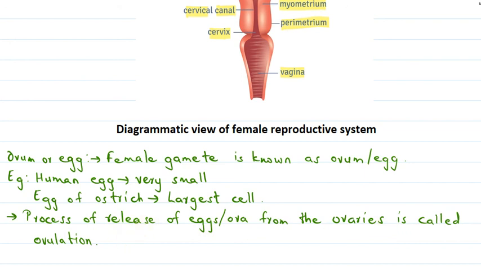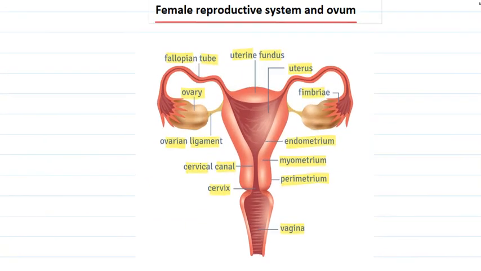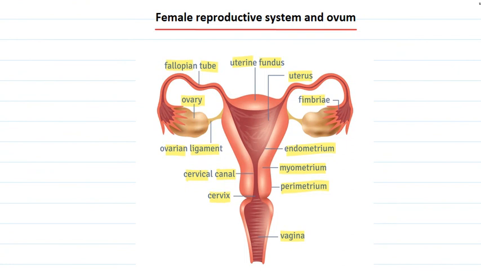Now let's quickly revise the things that we have studied today. Today we discussed the female reproductive system and ovum. First we talked about ovaries. They produce the female gamete, known as the female egg or ovum.